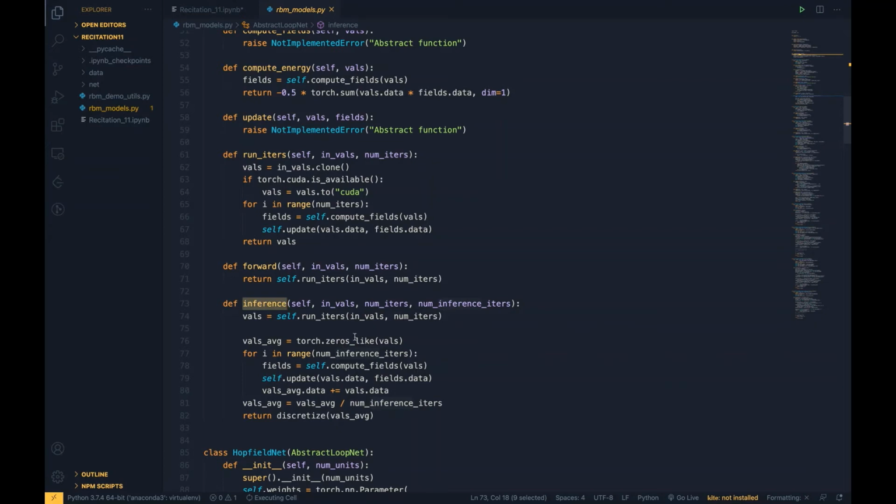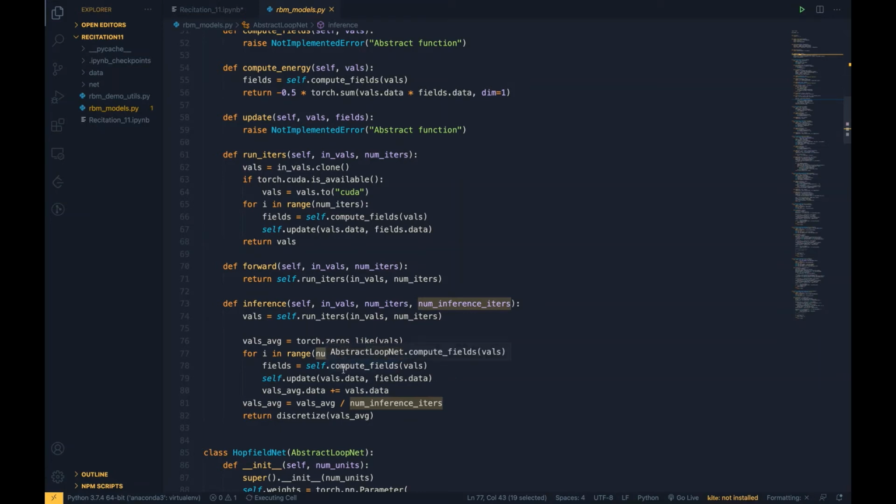What it does is basically run the iteration a few times according to the input, and then it creates an empty box with the same shape as the values, and then it runs the number of inference iterations.